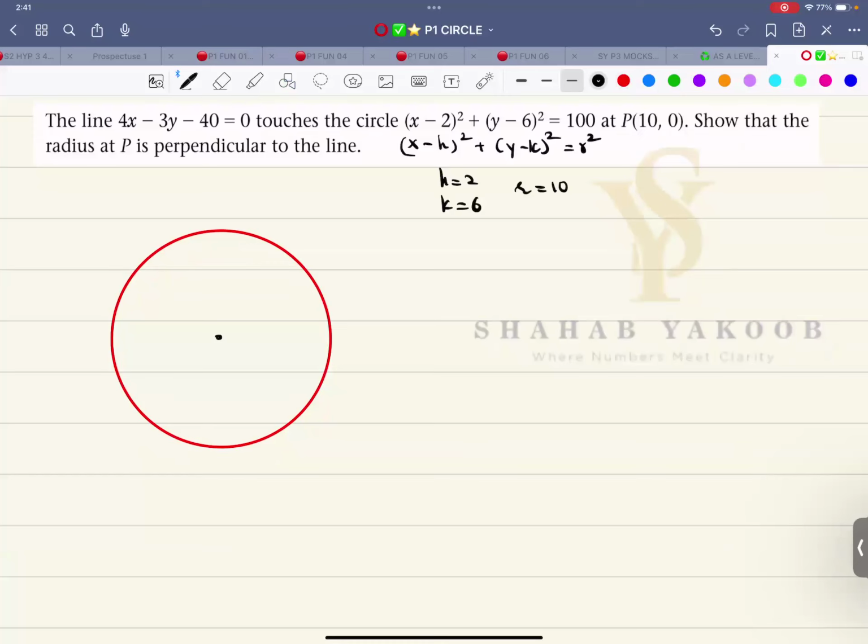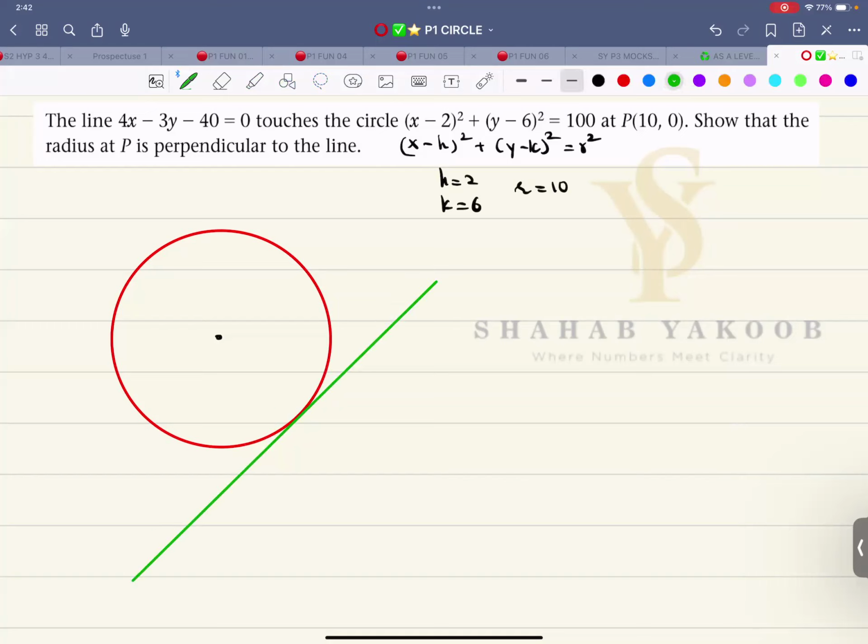So (2, 6) and (10, 0) over here, and I need a negative gradient like this. Let me draw this line. Hold on for a second. Somewhere over here, it's going to go like this. Okay, let me make it a tangent.